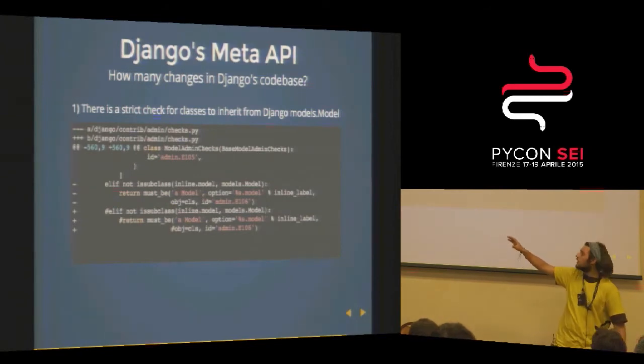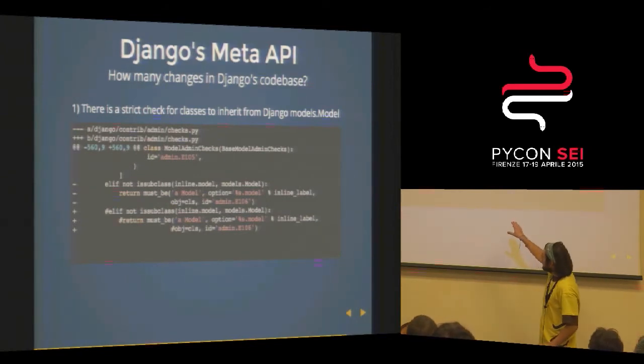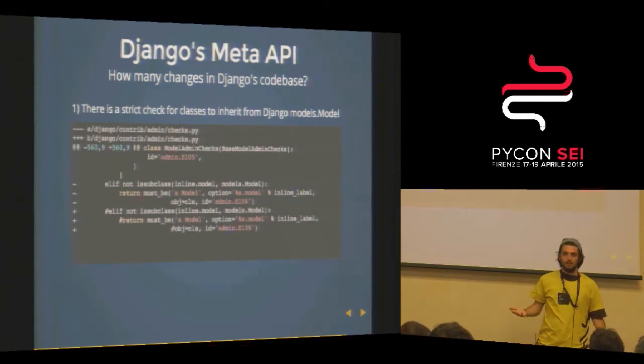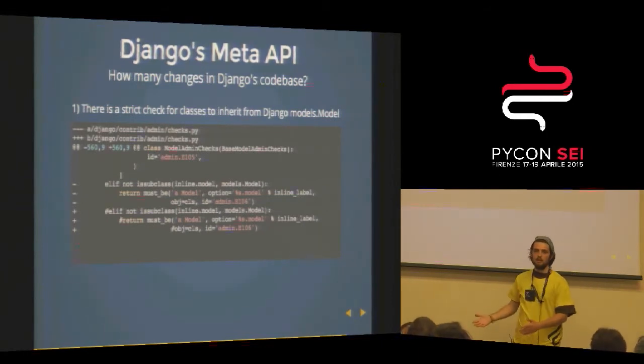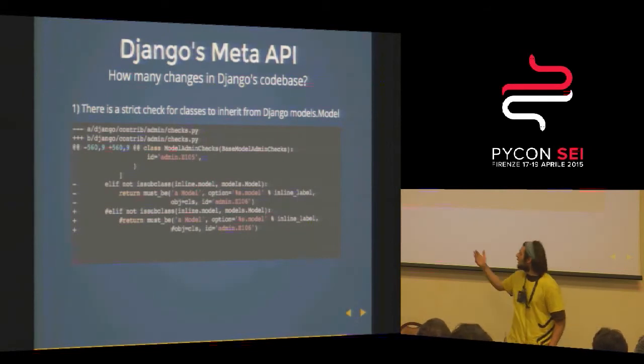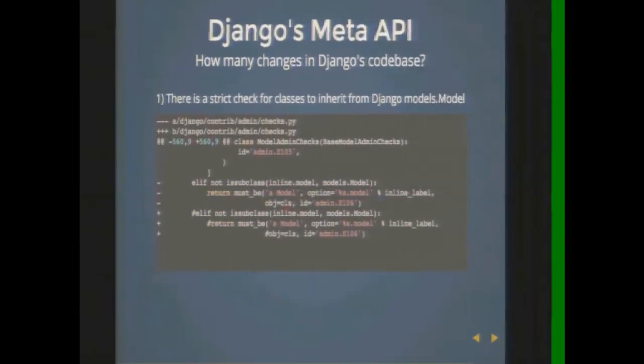Inside Django's source code, I just did one change, which is this. I just removed a check asking for a strict model. And personally, I think that we shouldn't be tightly coupling things. If it quacks like a model, if it looks like a model, then it should work like a model. And therefore, this is the only strict check that has to be removed inside the system.